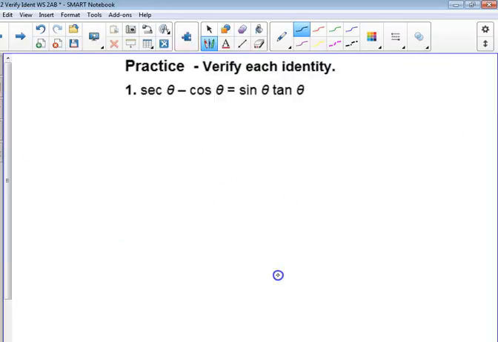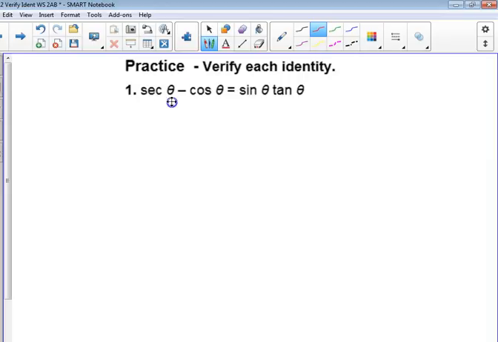All right. Let's try this one. And some of these are messy, guys. I'm telling you now. All right. I'm thinking I would like to work with the left side because I think it's easier to get rid of a subtraction than it is to suddenly come up with a subtraction. Okay.